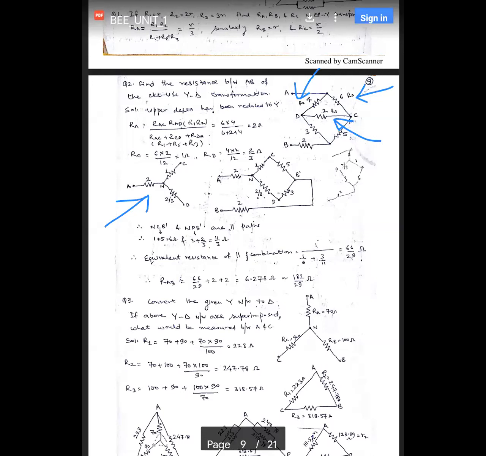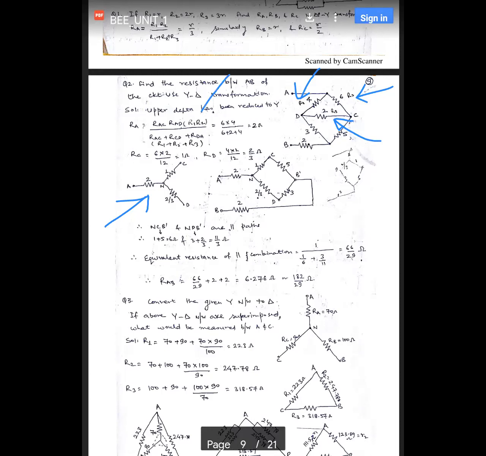So when we have calculated the star resistance Ra, its formula was R1 R2 upon R1 plus R2 plus R3. Remember that equations number 5, 6 and 7 which I have explained earlier in the previous class.